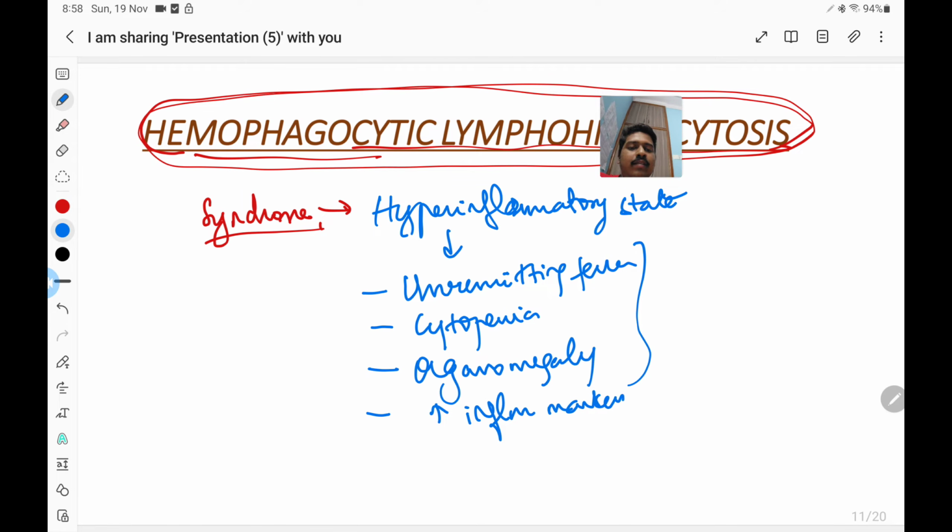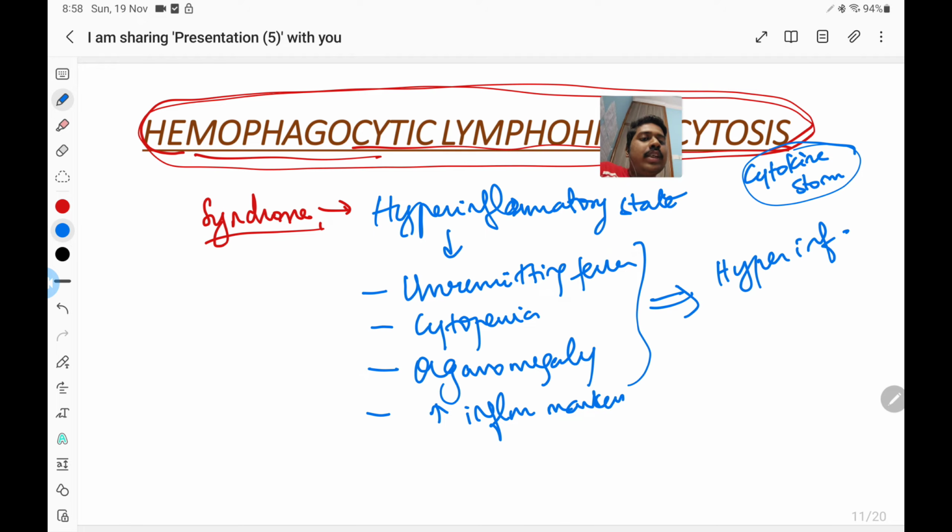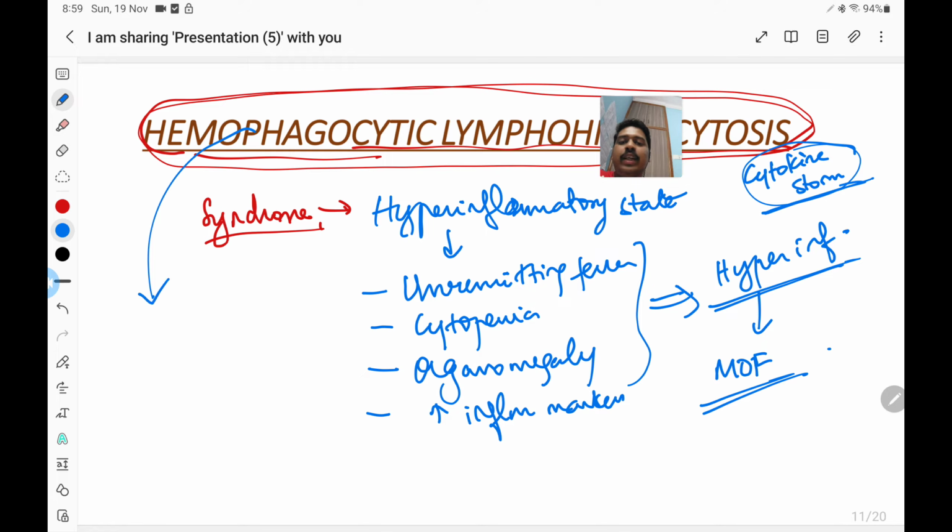All this leads to hyperinflammation. So in a nutshell, this is related to something called a cytokine storm. During COVID we had this term, cytokine storm. HLH is also one of the causes of cytokine storm. So it causes hyperinflammation, which leads to multi-organ failure and eventually death. So the importance of HLH is that you have to diagnose and treat it early, because it has high mortality if left untreated.